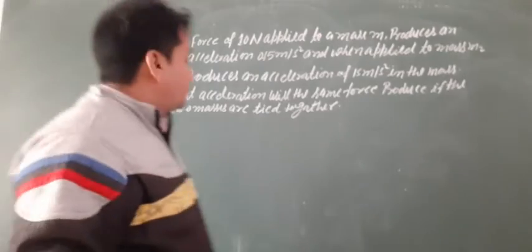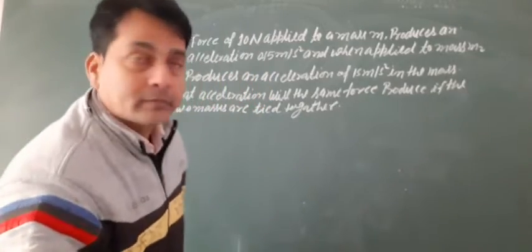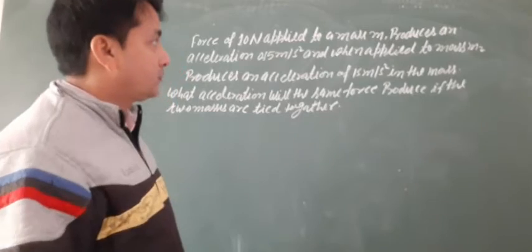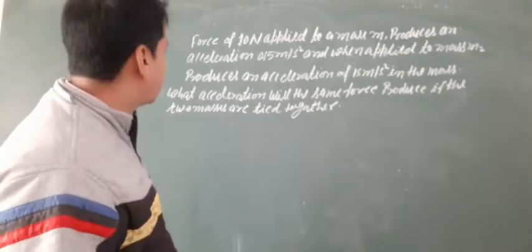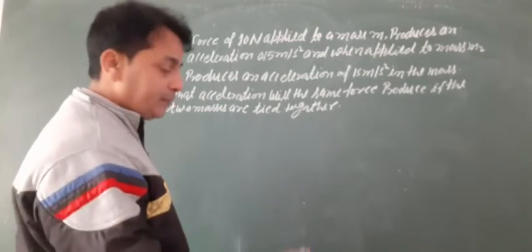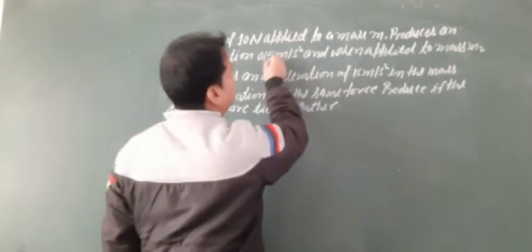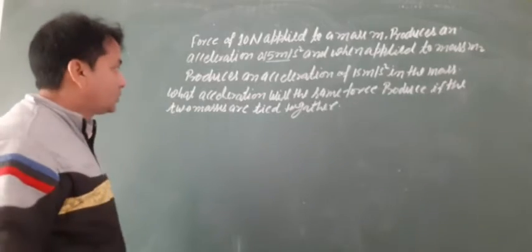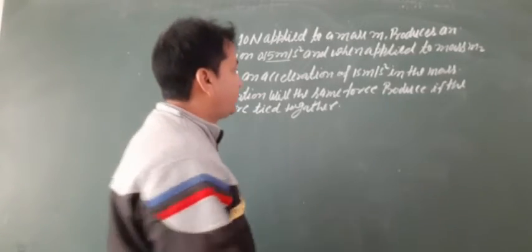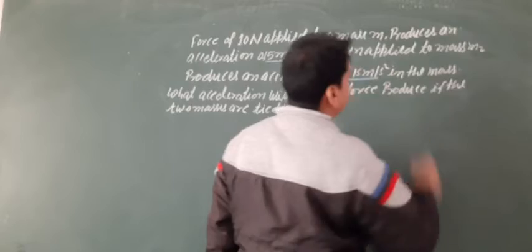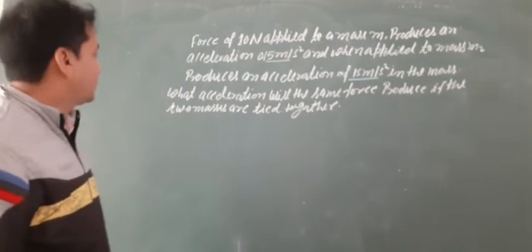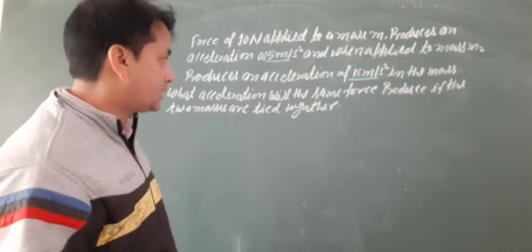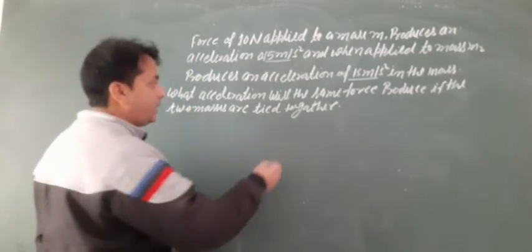Now the next question is: a force of 10 Newton applied to a mass m1 produces an acceleration of 5 meter per second square, and when applied to mass m2 produces an acceleration of 15 meter per second square. What acceleration will the same force produce if the two masses are tied together?